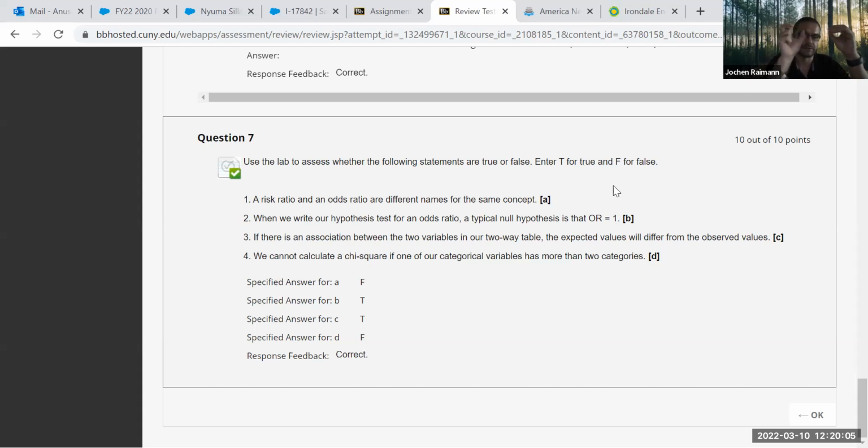And this difference between observed and expected in the cells builds up your chi-squared value. The larger these differences, the larger the chi-squared value, and the more likely you're going to surpass the critical value on the chi-squared distribution.